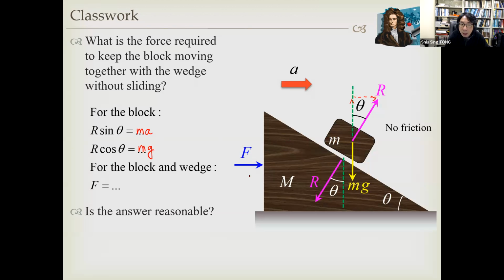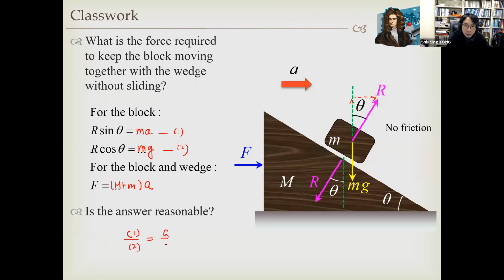If I apply Newton's second law to the block and the wedge as a whole, the total mass of them is M plus m, and the common acceleration is A. So F is equal to (M plus m)A. Now from equation 1 and equation 2, if you divide equation 1 by equation 2, the R will cancel.